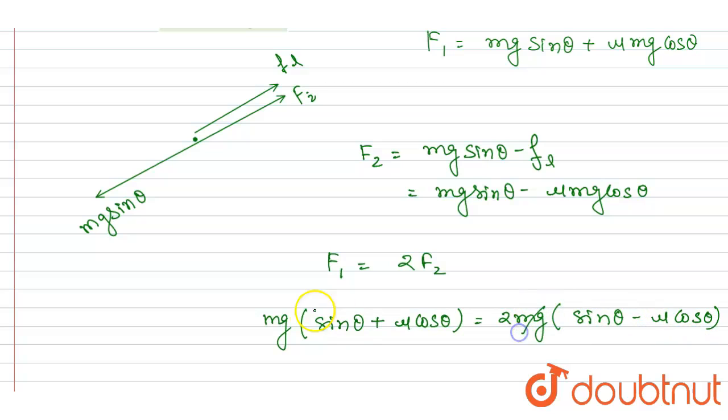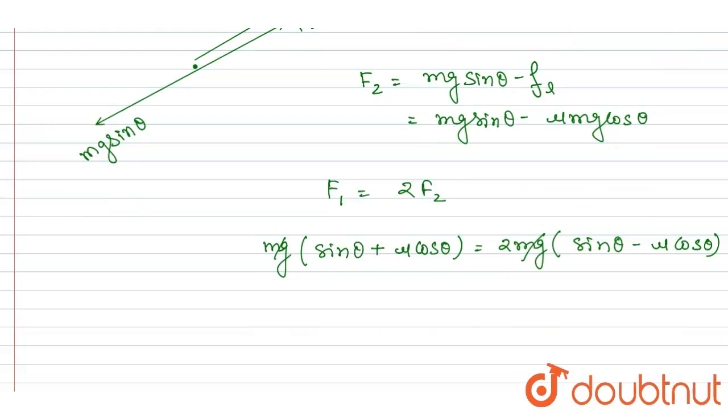So this mg will get cancelled out, and I will write sin θ plus μ cos θ equals 2 sin θ minus 2 μ cos θ.